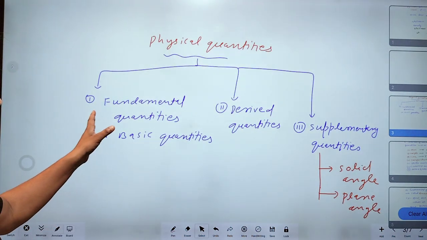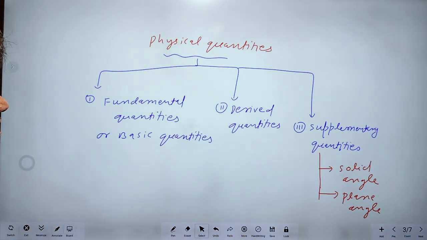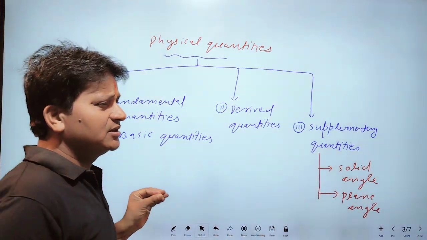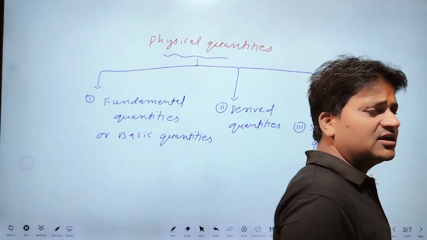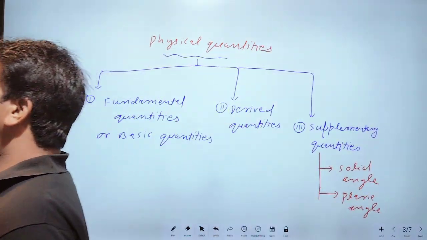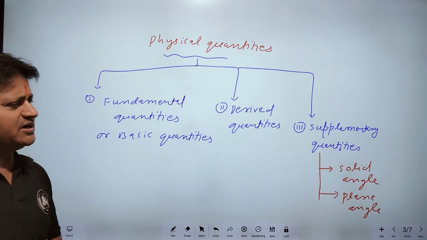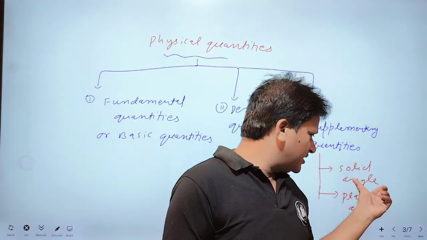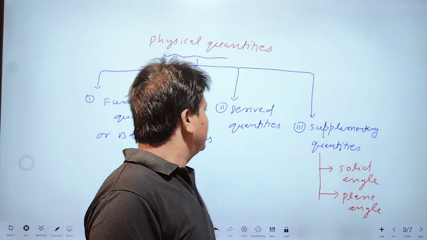First one is fundamental quantities, also called basic quantity, second one is derived quantity, and third one is supplementary quantity. There are two supplementary quantities. One is plane angle and other is solid angle.